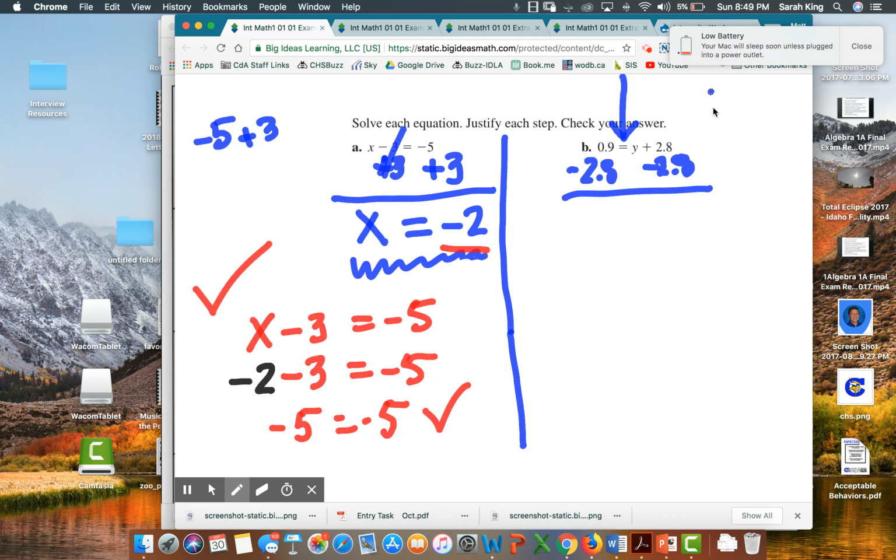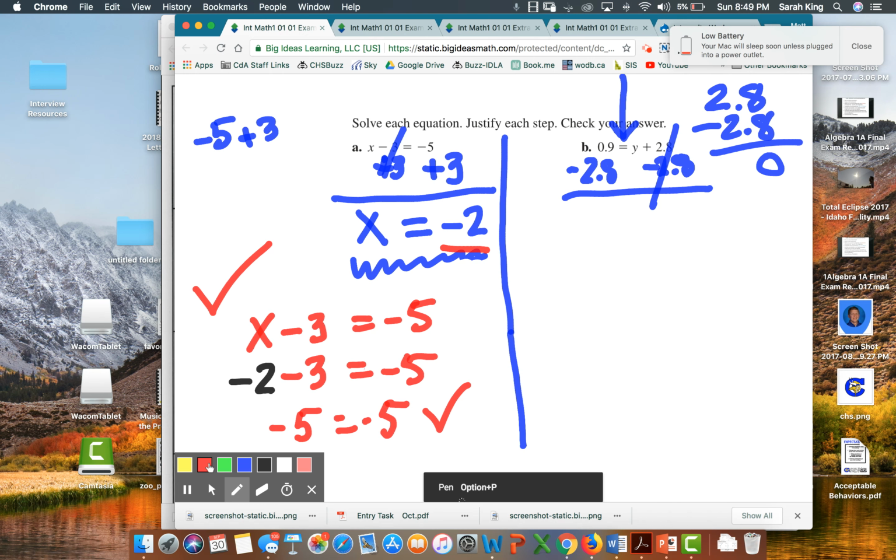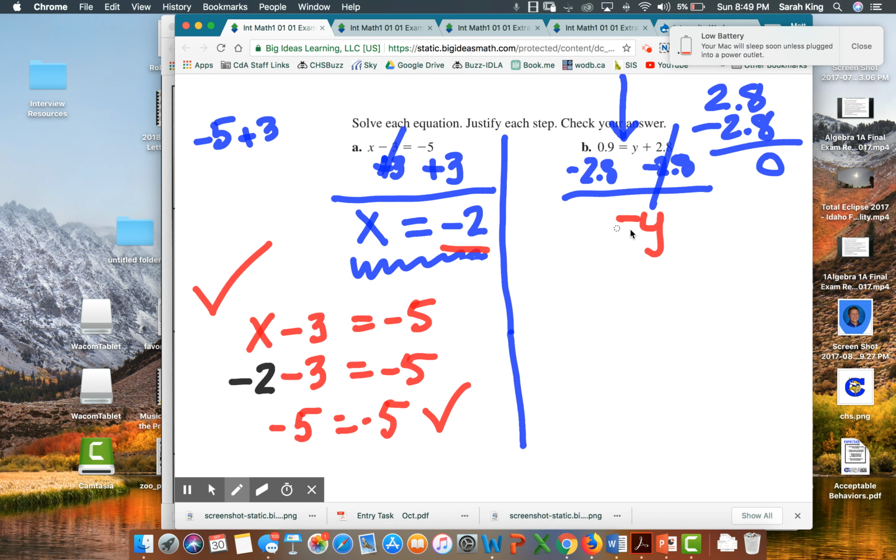So 2.8 minus 2.8 would equal 0. Instead of writing down equals 0 underneath, I'm just going to cross it out. Then I drop down my y equals, drop my equal sign straight down, and then I go 0.9 minus 2.8. And that would be my final answer.